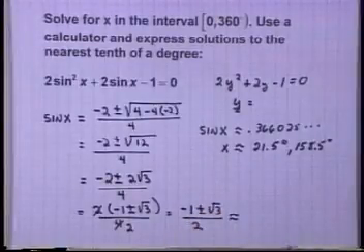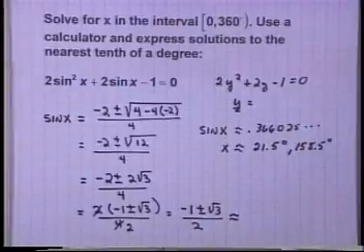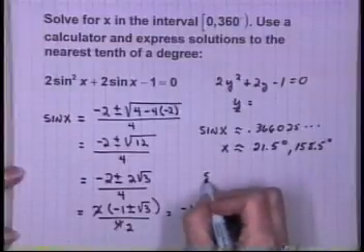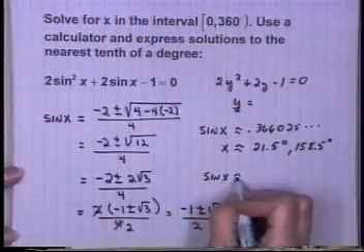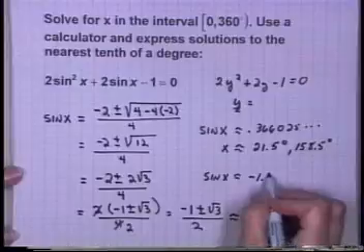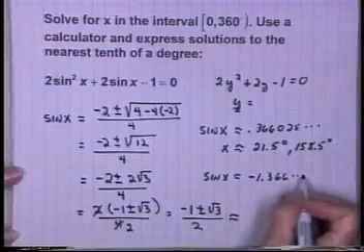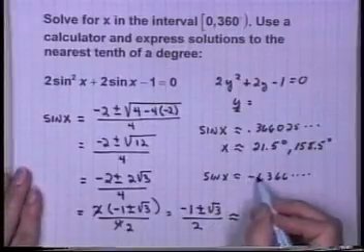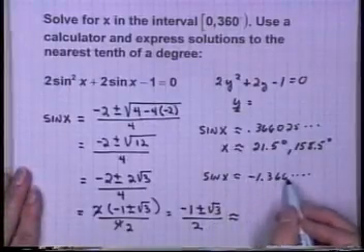Now we're going to go back here and do that -1 minus the square root of 3. Again, remember to complete that before you hit that divide. On this second one, I'm getting that the sine of x is approximately -1.366, etc. But I want you to look at this. -1.366.